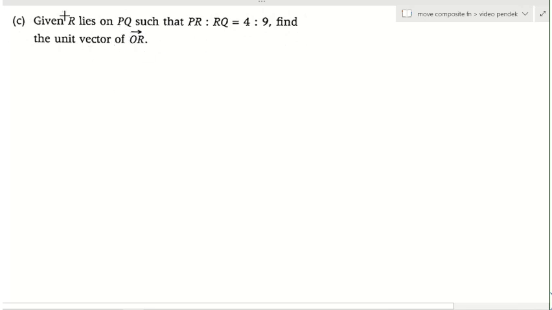Right now here PQ is a straight line, and R lies on straight line PQ, so we draw PQ. For example, this is PQ. It starts with P and stops at Q. Vector PQ, P to Q. R lies on PQ such that PR to RQ is 4:9.